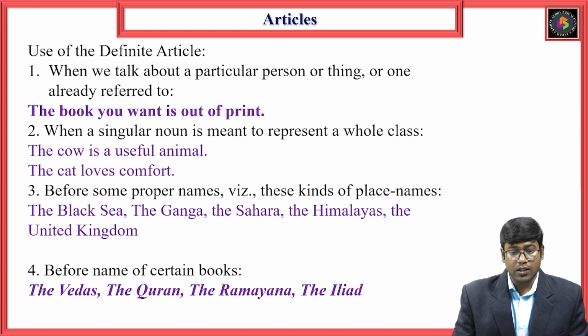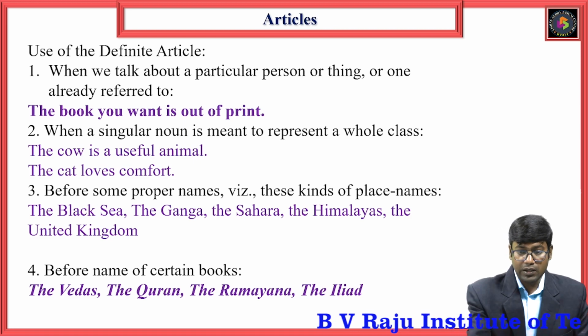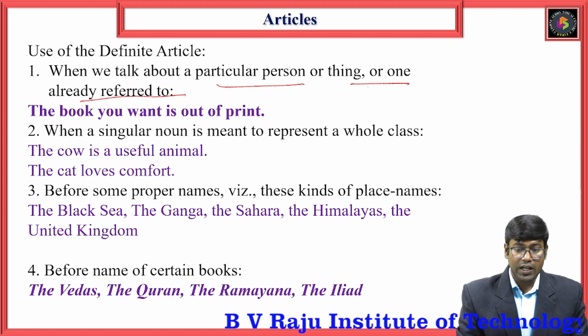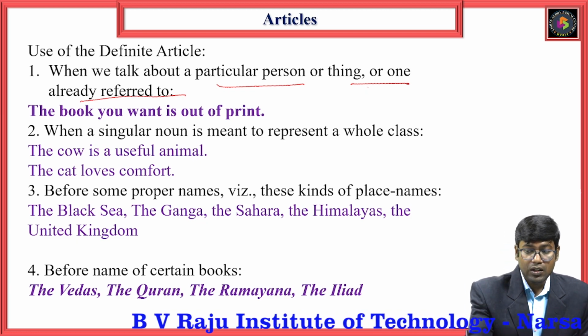The book that you already mentioned, or a particular book. The book you want is out of print. In this type of sentence you can use the, where we talk about a particular person or thing already referred to.